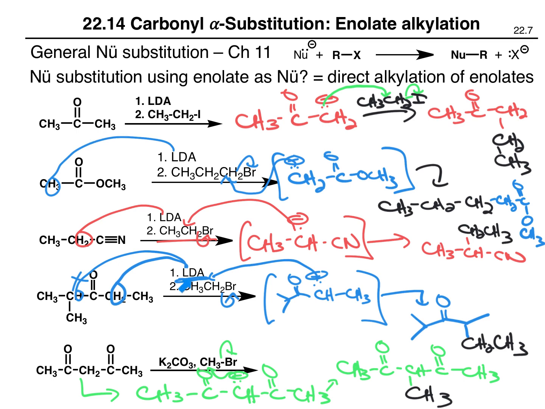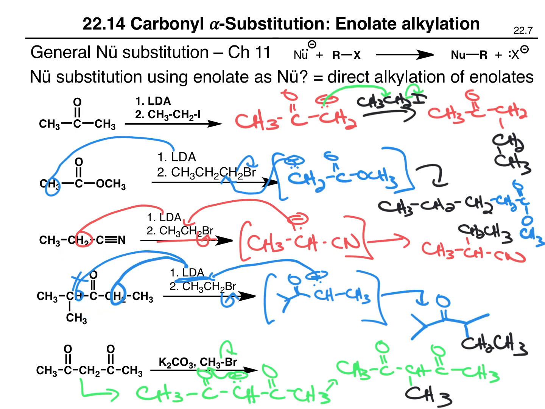Having a bulky base can maximize the formation of the enolate from this position rather than this one being more crowded, but still there's going to be a risk of a mixture.